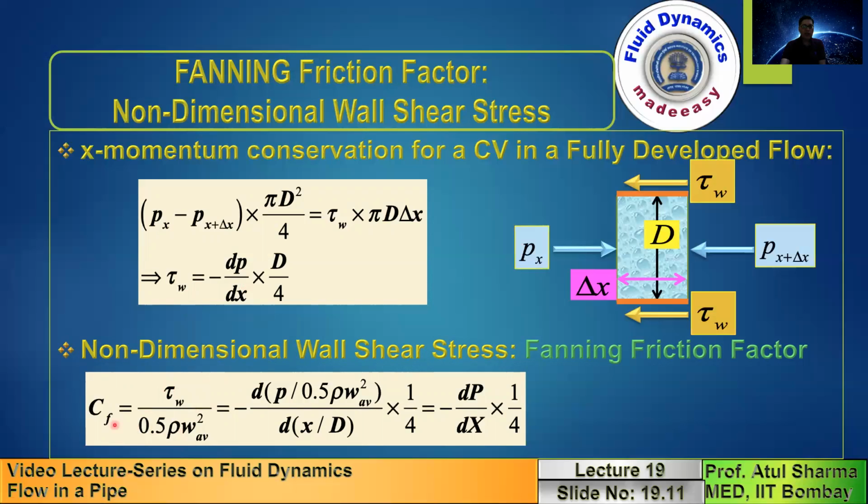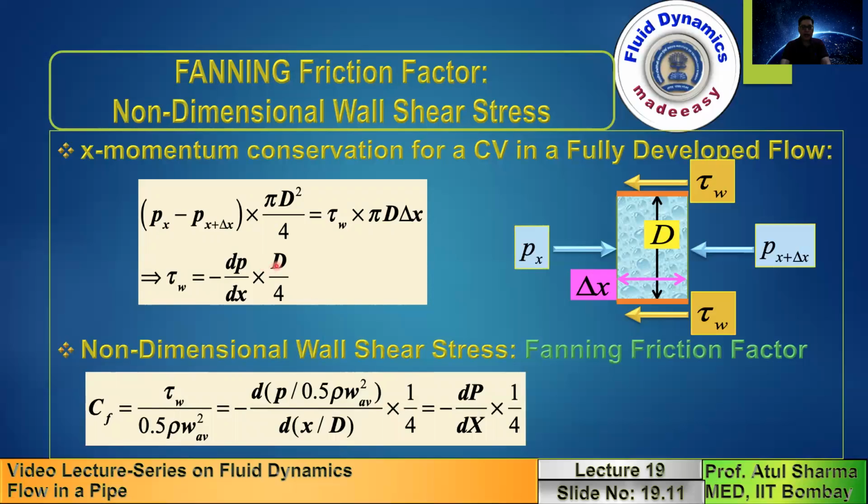This non-dimensional wall shear stress is called the Fanning friction factor. So tau w we are dividing by 0.5 rho U average square. I can write P divided by rho U average square, which is the non-dimensional pressure, and I can take D from the numerator to the denominator as shown here.